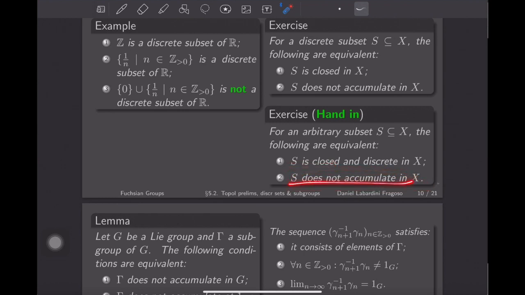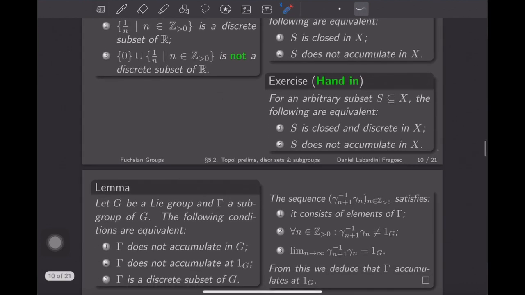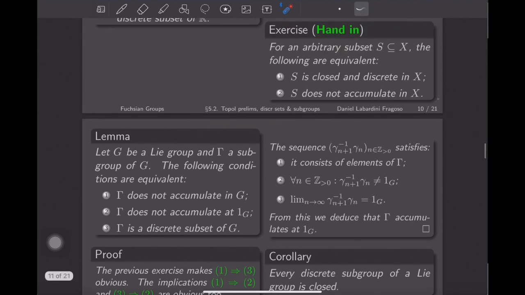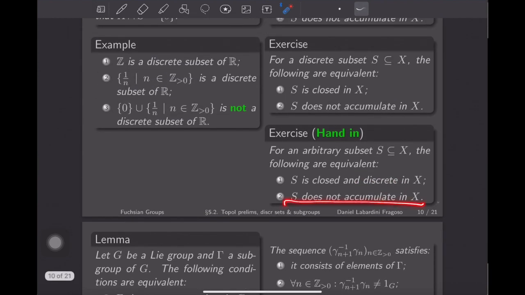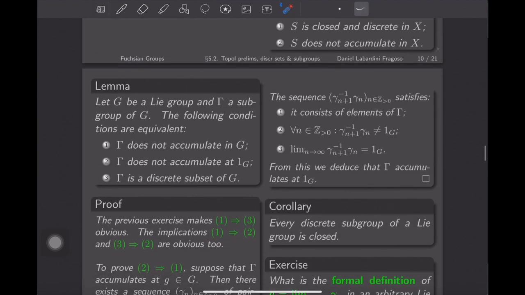So there are no accumulation points in X. Okay, so I pretty much did this. Just a warning: discrete alone doesn't mean not accumulating in the big space. It only means not accumulating in itself.